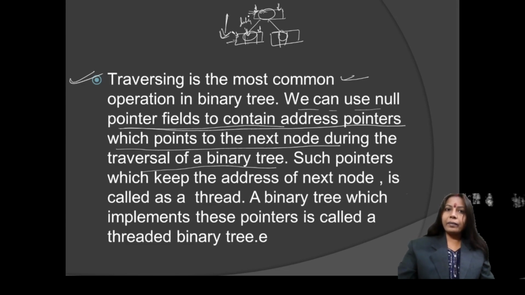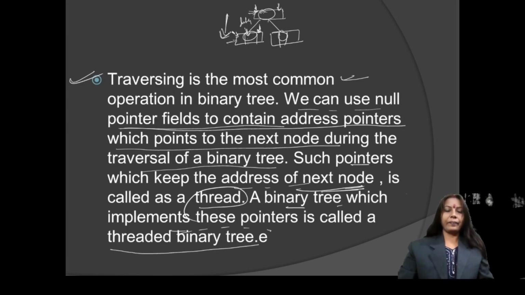If you do traversing in a binary tree, such a pointer which keeps the address of the next node is called a thread. And a binary tree which implements this pointer is called a threaded binary tree.